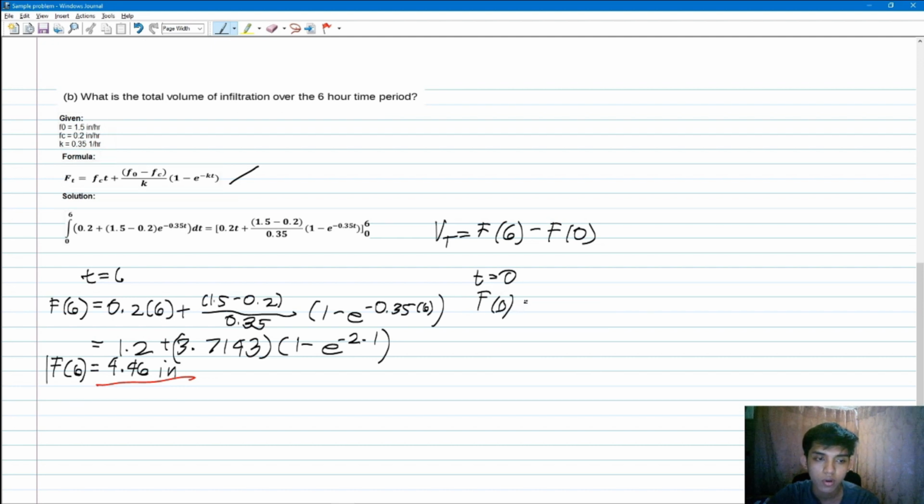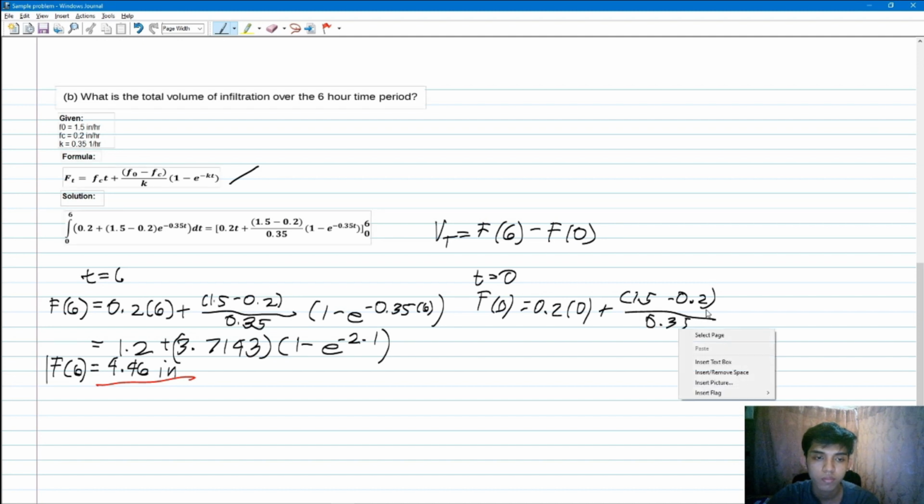So F of 0 is equal to 0.2 multiplied by 0, plus (1.5 minus 0.2) over 0.35, then multiplied by 1 minus e raised to negative 0.35 multiplied by 0.